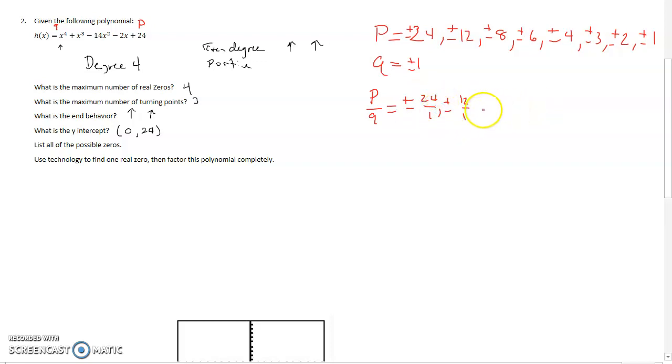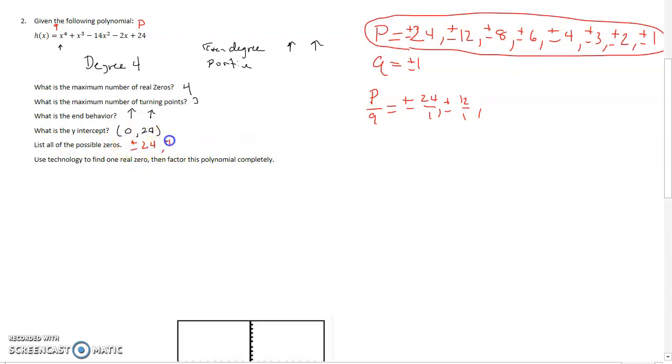We know these are all going to be over 1, so in this case it is really just a list of all of these zeros. So these are all of the possible zeros: plus or minus 24, plus or minus 12, plus or minus 8, plus or minus 6, plus or minus 4, plus or minus 3, plus or minus 2, and plus or minus 1.